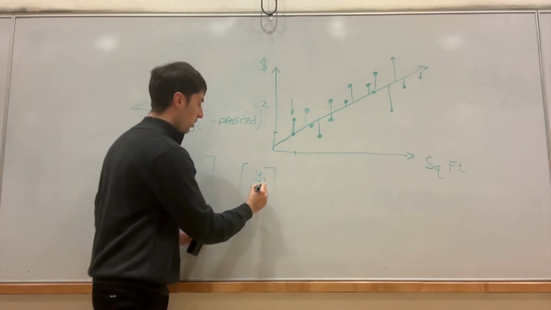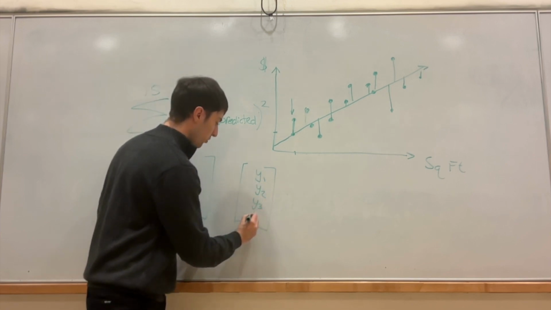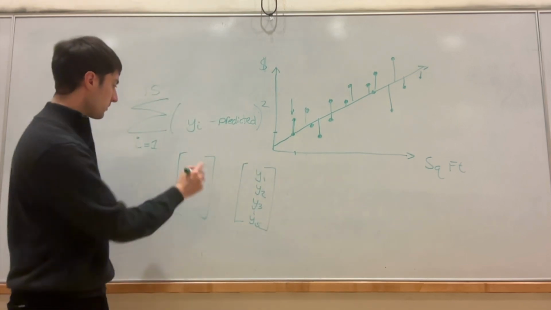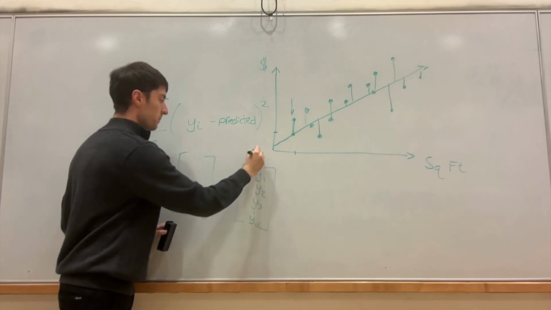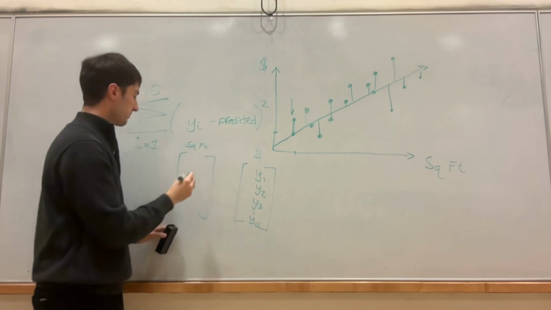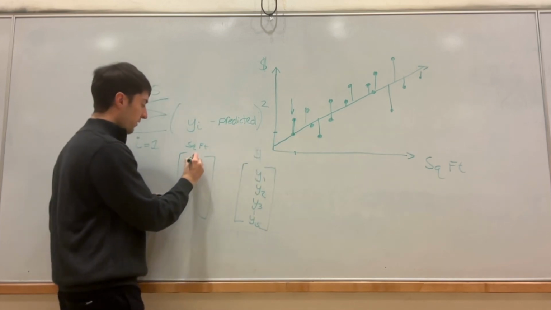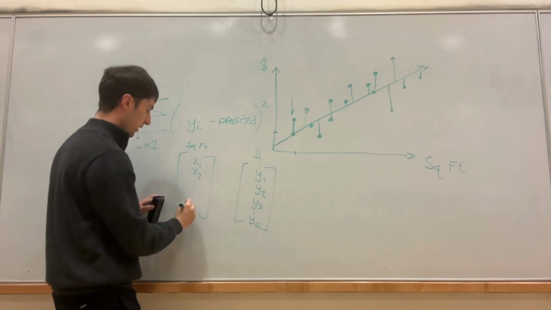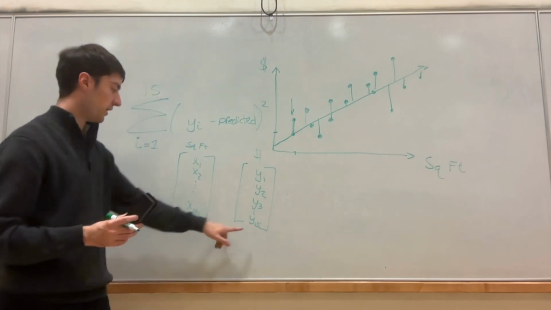So y1, y2, y3, all the way, in this case, up to y15. And then this is square foot. This x1 is going to be that value, so we have some x1 value, then x2 value, up to x15. And so here is our training data, right here.